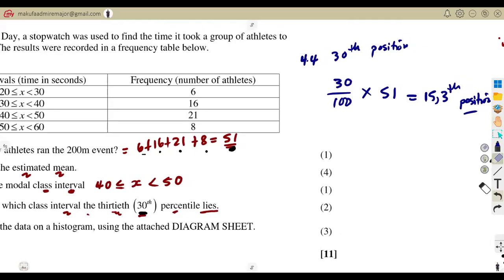So how are we going to use that now to determine the class interval? How are we going to have our interval now? Because we got that it's at 15,3, and as we are dealing with the percentile, just consider your cumulative frequency. Remember, it's like this. You are going up: 0, 1, 2, 3, 4, 5, up to 100.